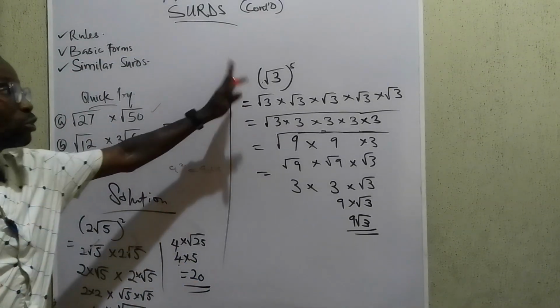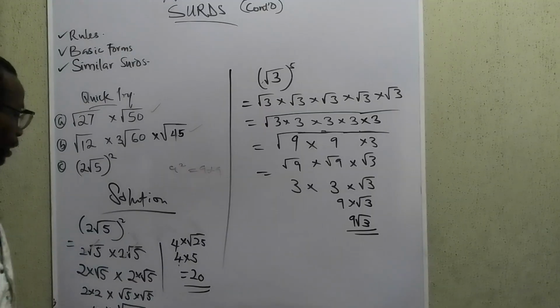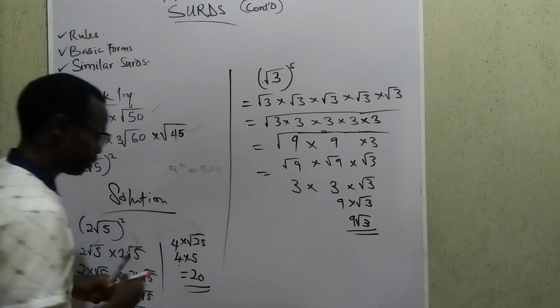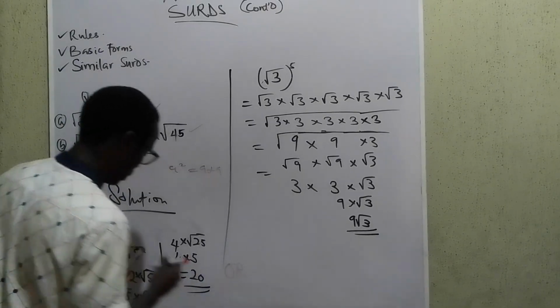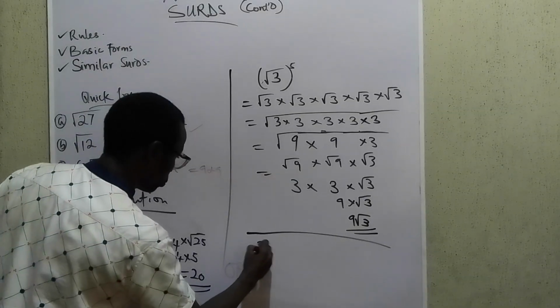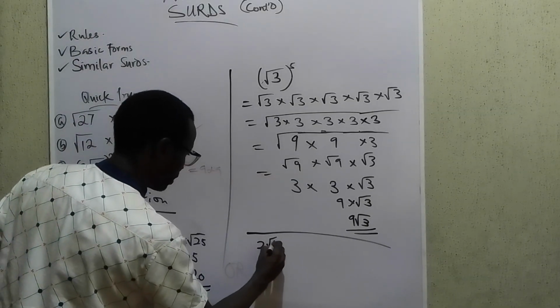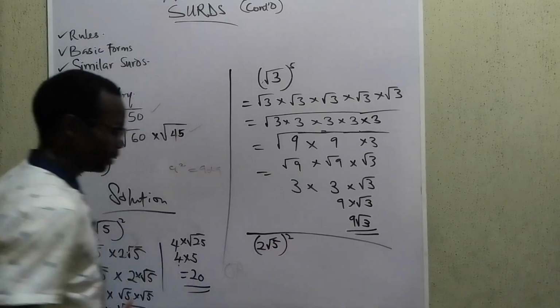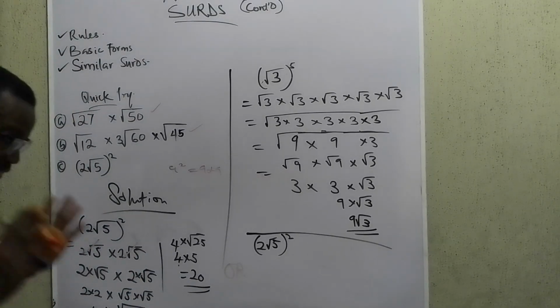There are several ways to go about it, very simple. Now, I promised to go about this in a different style. Let's look at it from a different perspective. If I have 2 root 5 squared, another way to look at it is this.